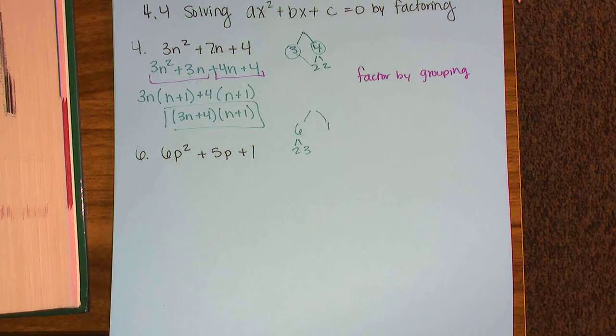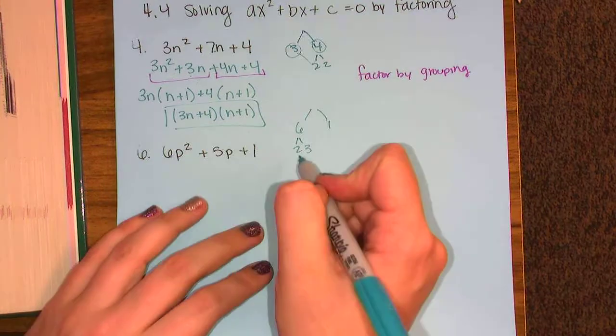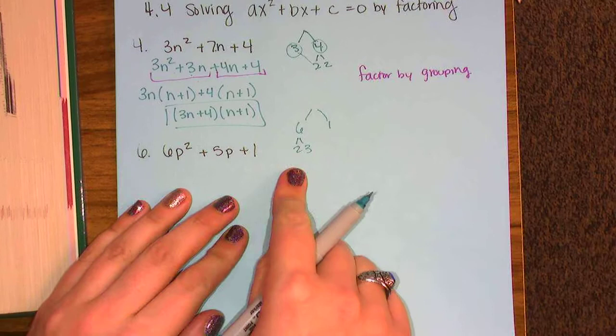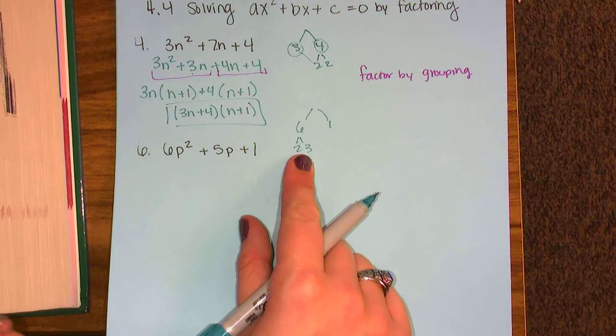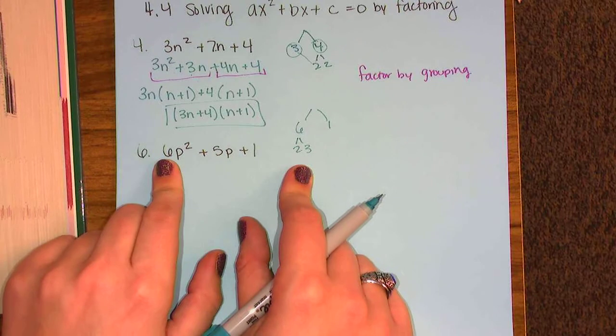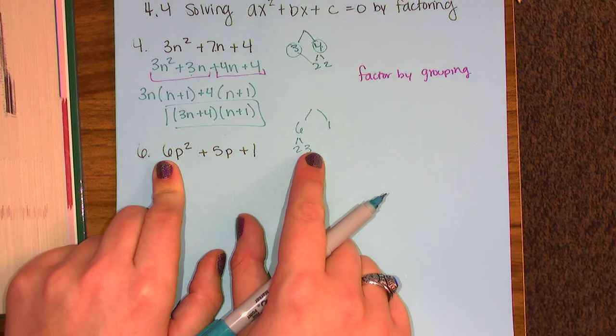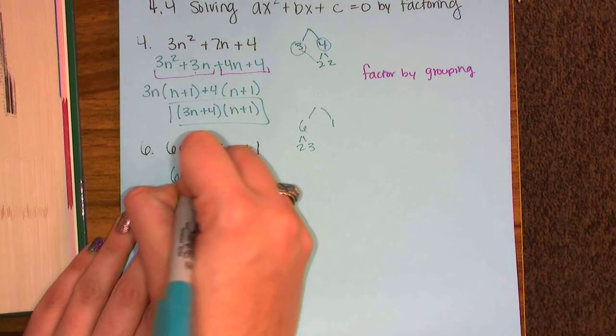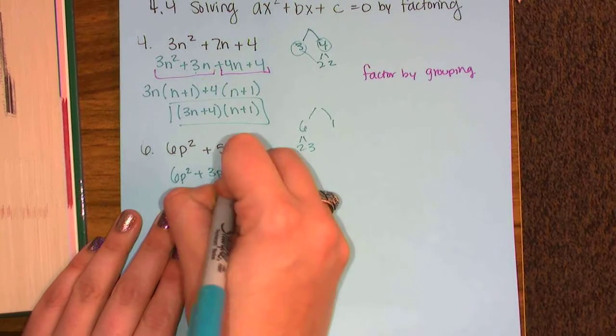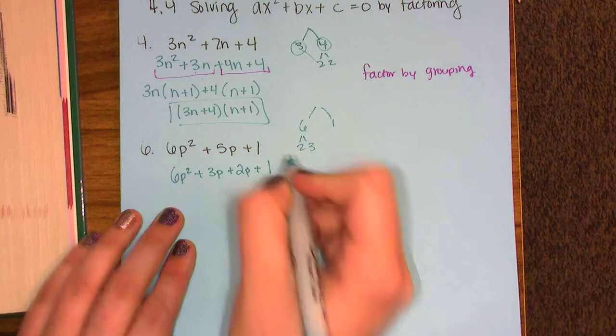Okay, different options there for what I have. That will work. So it will be 2 and 3. Now, this is one where it really doesn't matter, technically speaking, which factor you put with the 6. I would say always go with the bigger number, so I'm going to go with 3. So I'm going to go 6p squared plus 3p plus 2p plus 1.